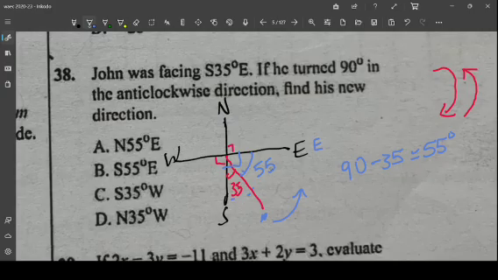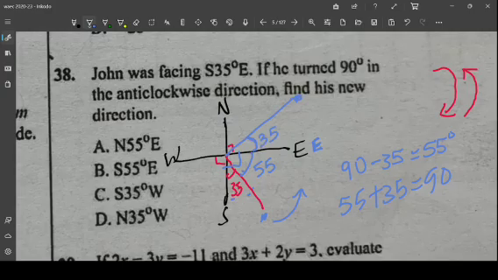So he still has an additional 35 degrees to move, because 55 plus 35 is 90 degrees. So he will move another 35 degrees from this eastern point towards the north. So I have something like this at 35 degrees. So this is his new position, all right?